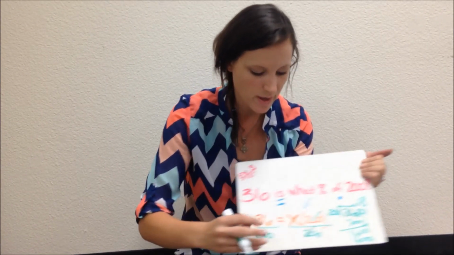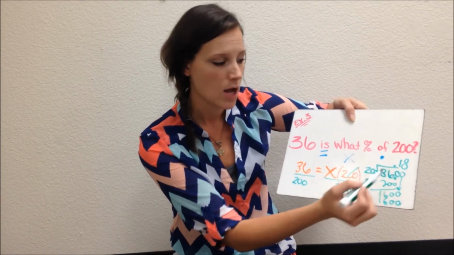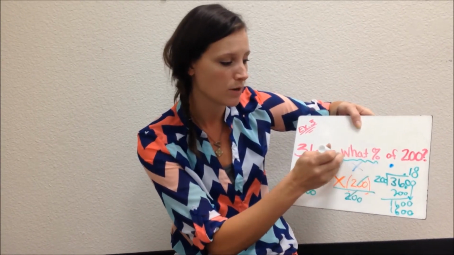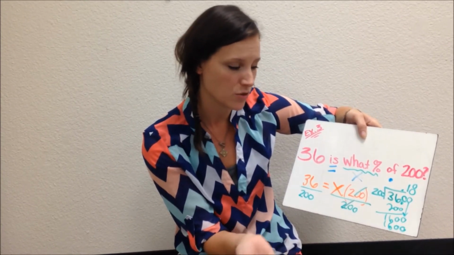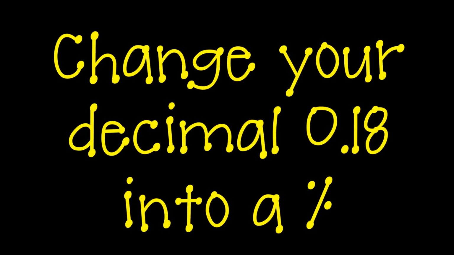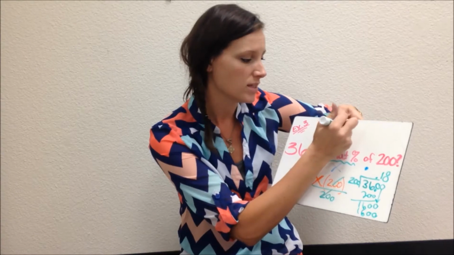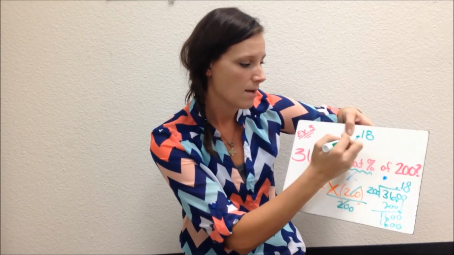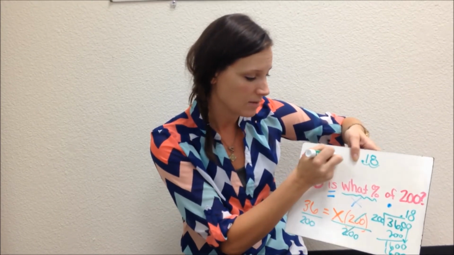I don't have any more remainders. So if you look at your answer, I have 0.18. But my question asks what percent. I'm going to change 0.18 back into a percent. So the decimal 0.18, I'm going to move it over twice, and your final answer should be 18%.